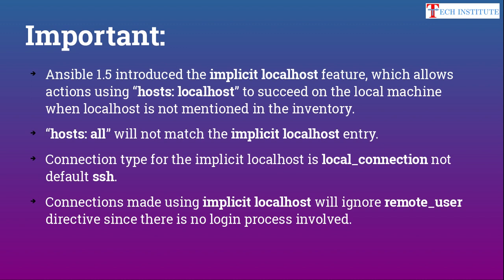But for implicit localhost you are not doing SSH, so that's why remote_user doesn't work. So keep in mind that if you want to run some command as a specific user, implicit localhost can create problems.